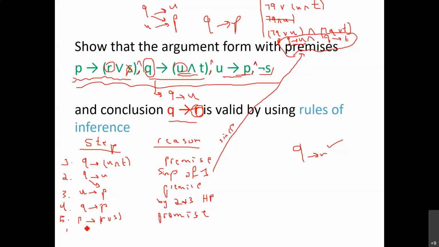P implies R or S. I also have not S. It's also a premise. I'm gonna conclude that I actually do have this. P implies R. 5 and 6 simplification.